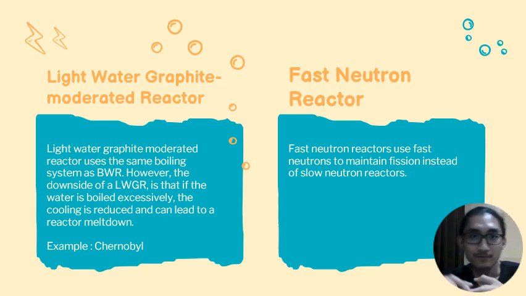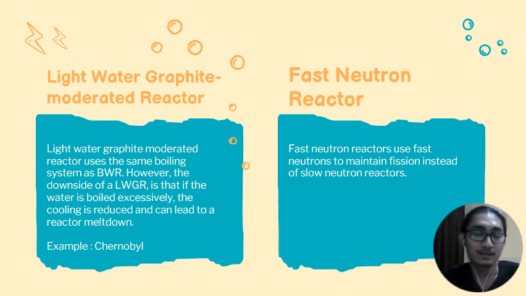Next, we have the light water graphite moderated reactor. This type of reactor works in the same way as a boiling water reactor. However, it has a downside of a lack of a safety precaution.